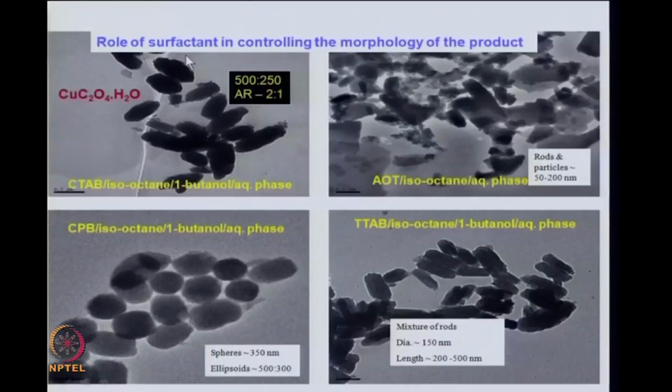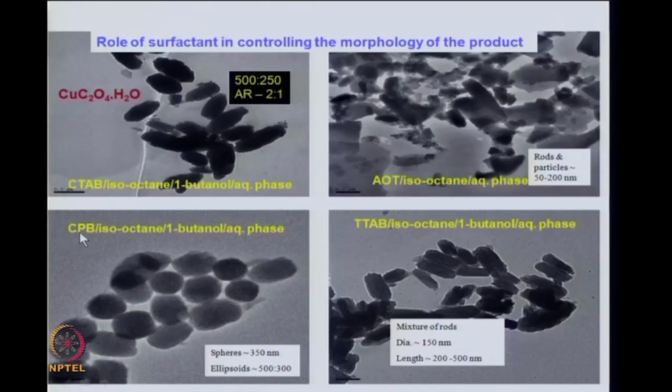So, this is another example of controlling the size and shape using surfactants. Earlier we showed nickel oxalate, this is copper oxalate, where you are changing the surfactant from CTAB, which is a cationic surfactant, to AOT, which is an anionic surfactant, and then this is again a cationic, but it has a restricted rotation because you have a pyridinium group here.